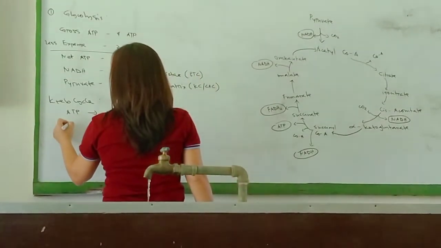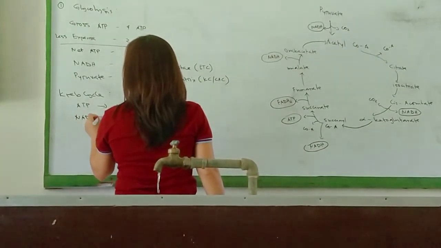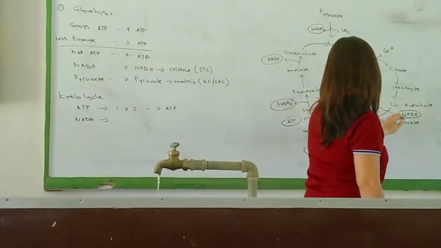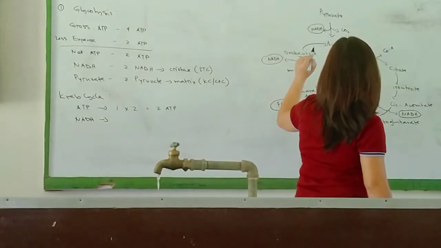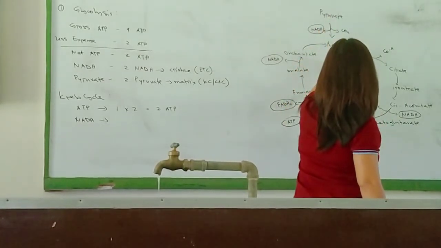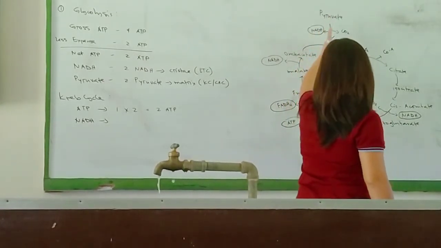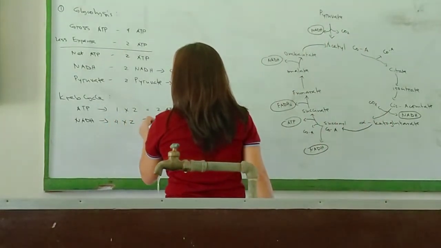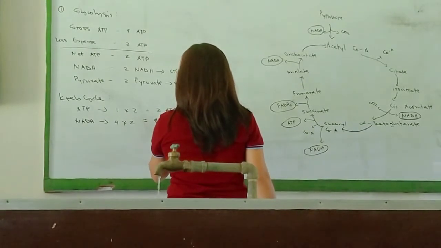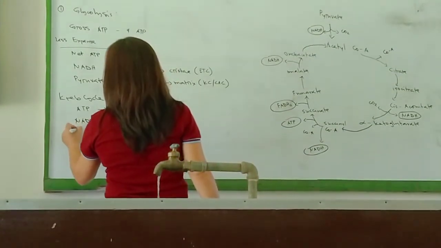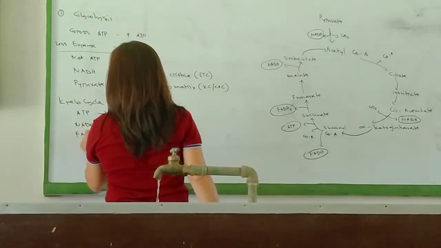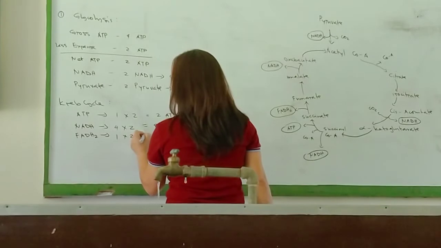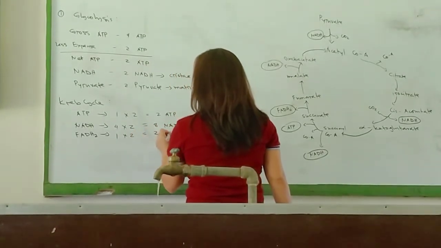Then how many NADH were produced? In the citric acid cycle, we have 1, 2, 3, plus pyruvate to acetyl-CoA is 4. So you have 4 times 2 equals 8 NADH. Then how many FADH2? We have 1. 1 times 2 equals 2 FADH2.